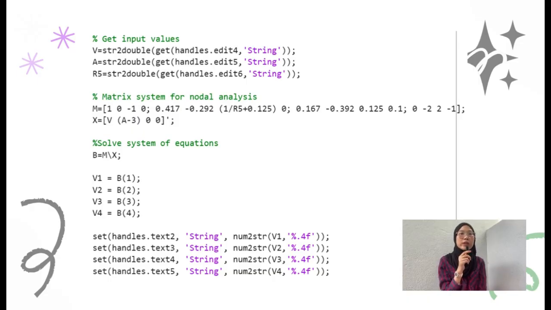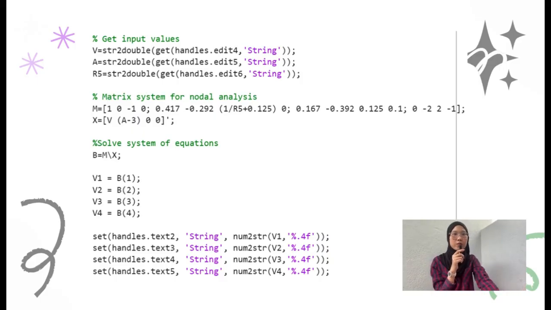Next, we define the matrix, which contains the coefficients from the nodal equations. Each row represents one of the equations we formed earlier from the circuit, including the supernode equation, KCL at the node, and the dependent voltage source relationship.